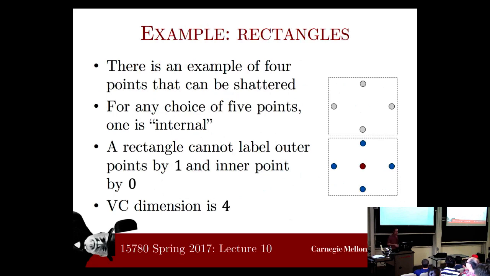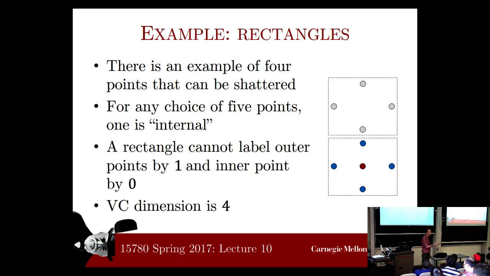Okay, so let me give you an example of VC dimension for our favorite set of axis-aligned rectangles. So I want to argue that the VC dimension of this class that we've been talking about all along is 4. To do this, I first need to give you an example of 4 points that can be shattered by axis-aligned rectangles. So here are 4 points like this.